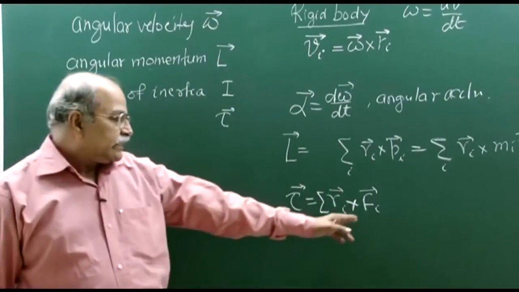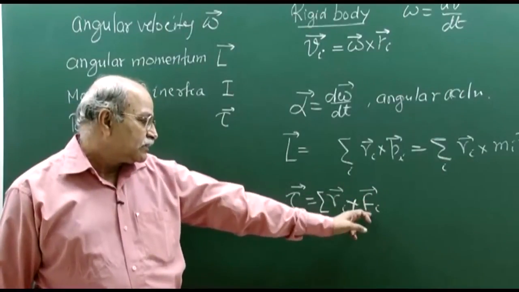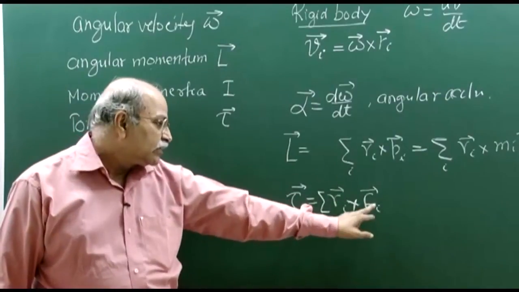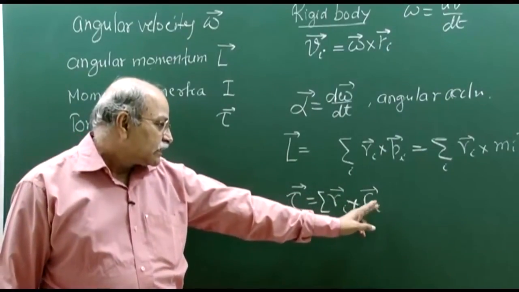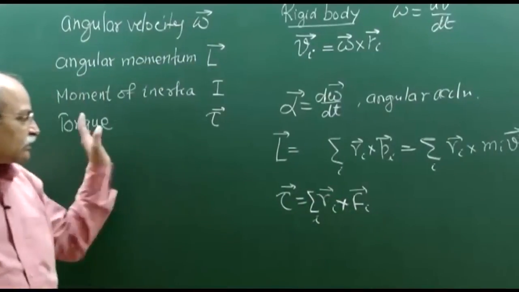So, essentially this i runs over the forces which are acting on the object, the external forces. At whatever point these forces are acting, the position vector of those points. So, these are the things.